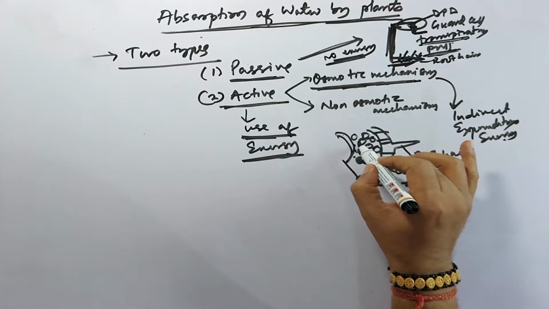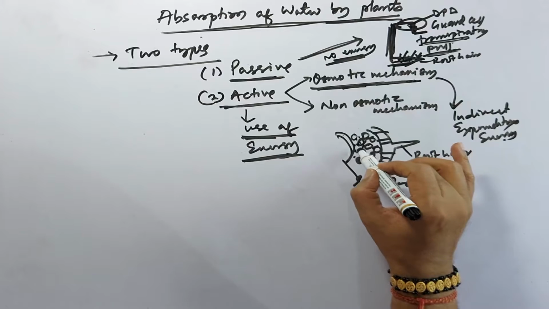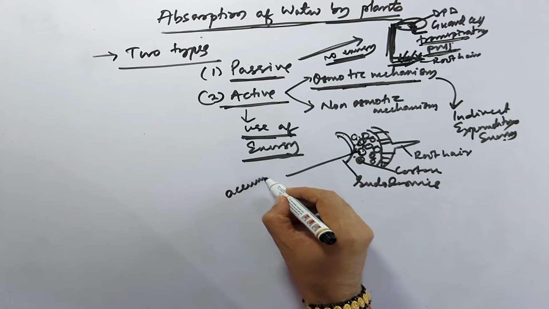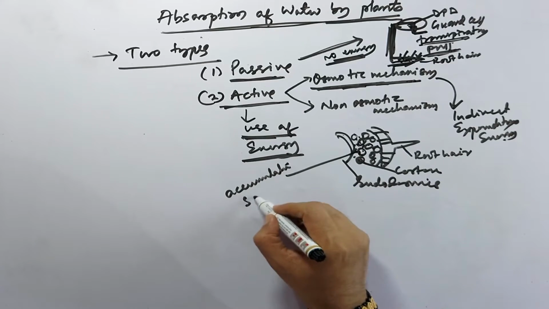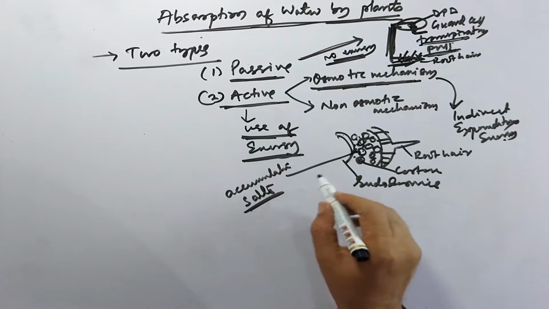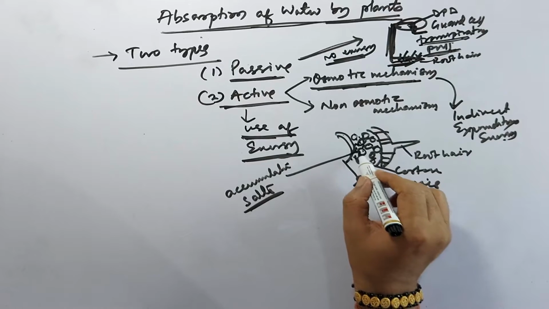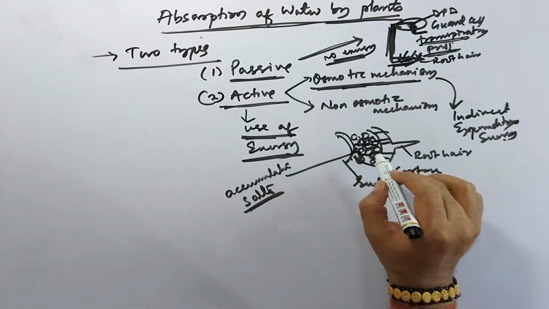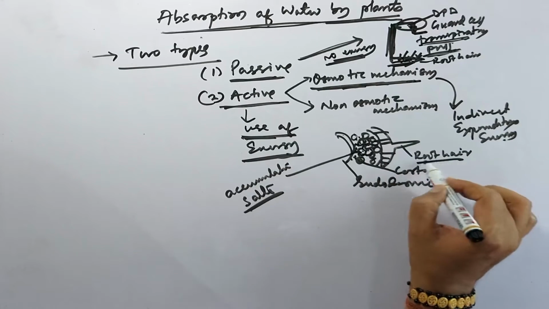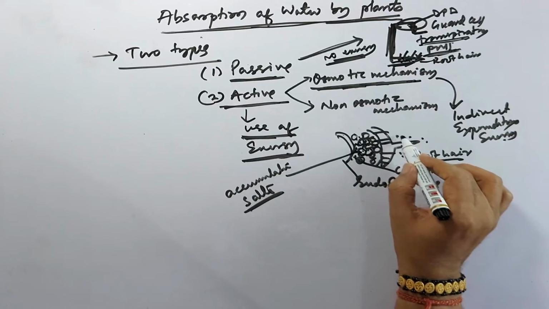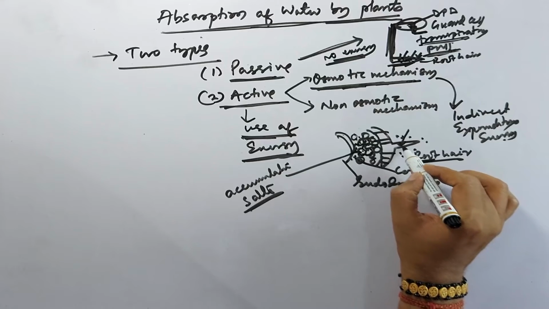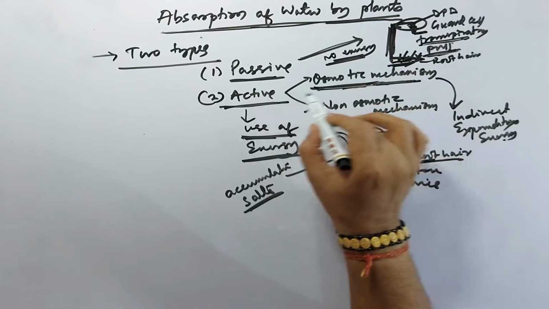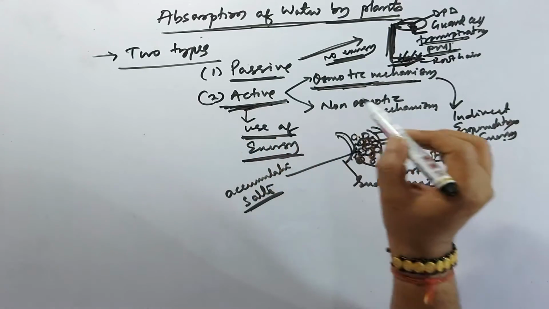That means in cortical cells there are reactions that cause the accumulation of salts, and these salts cause a lower water potential here, which immediately has an impact on the cortical, then the epidermal cells, that is the root hair, and water is passing in, and there is indirect expenditure. This is the osmotic mechanism of active water absorption.